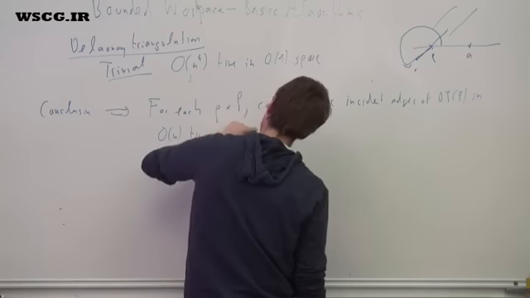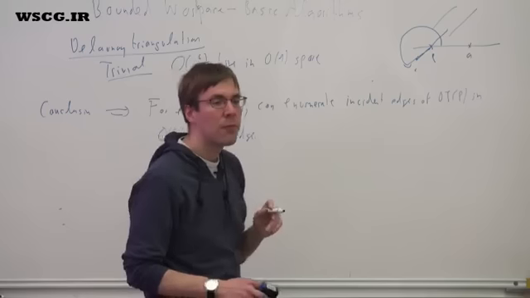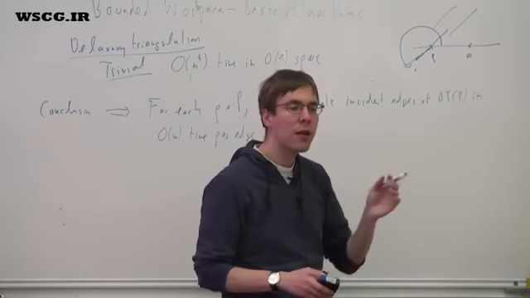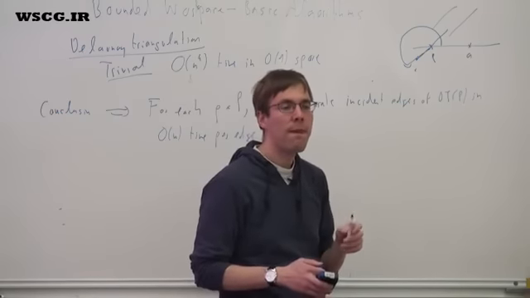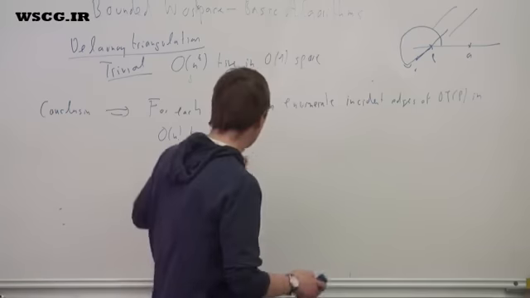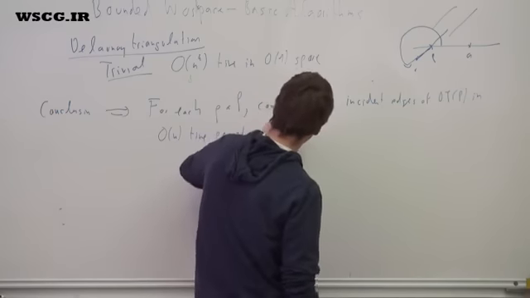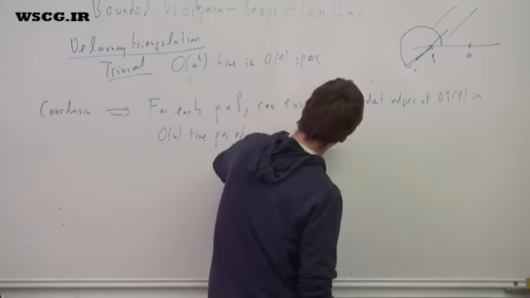You use O of n just for one triangle? Yes. For each edge, O of n time. But in clockwise order, in counterclockwise order.